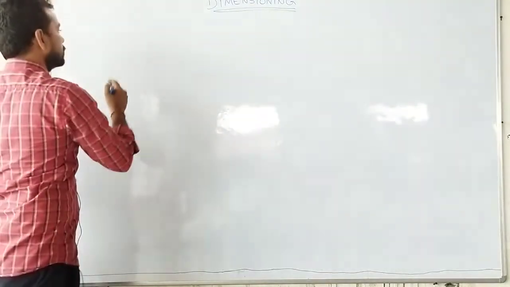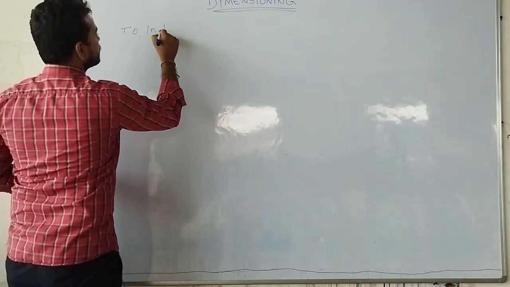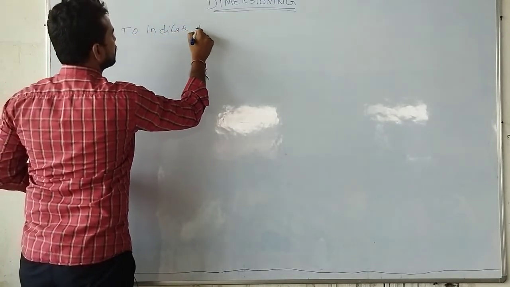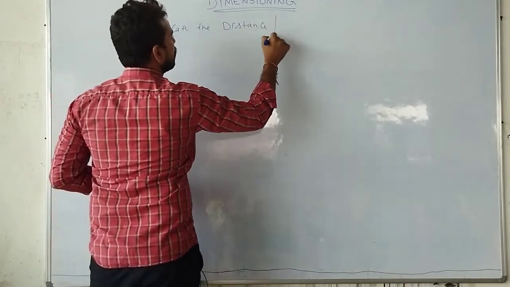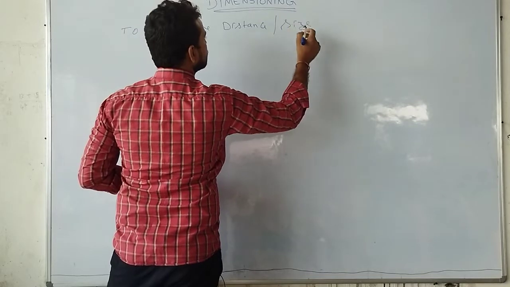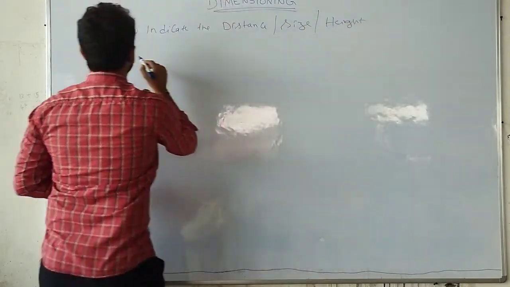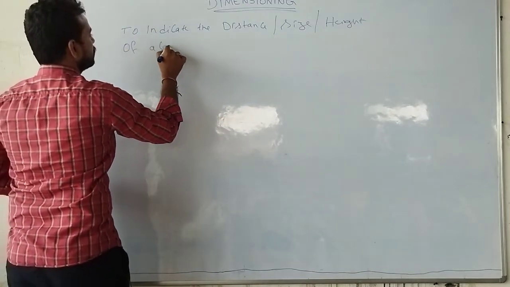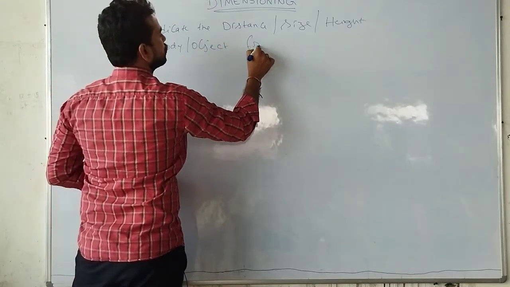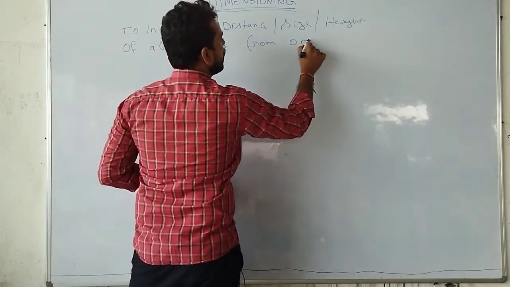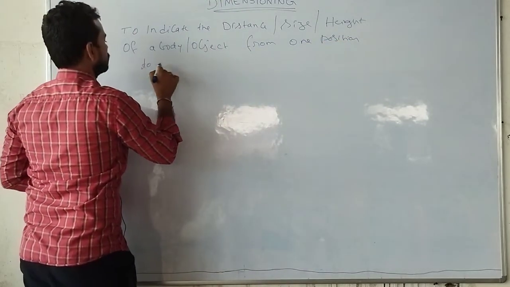The purpose of dimensioning is to indicate the distance or size or height of an object from one position to another.